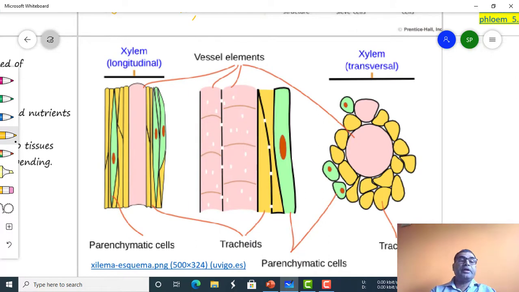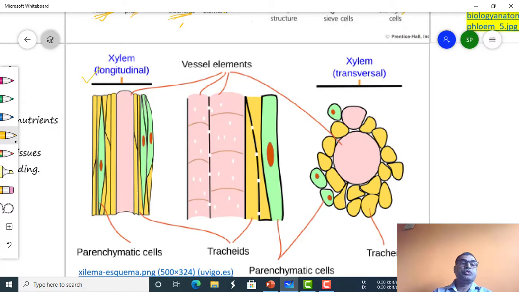This is xylem in a longitudinal section, showing the vessel elements and the tracheidal elements. This one is a transverse section showing the tracheids, then vessels. Here also these are vessels, and this one is again a vessel.